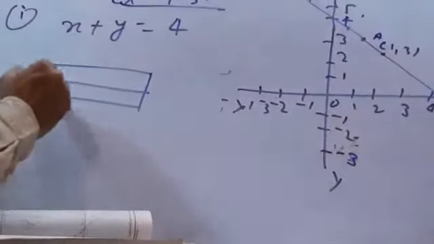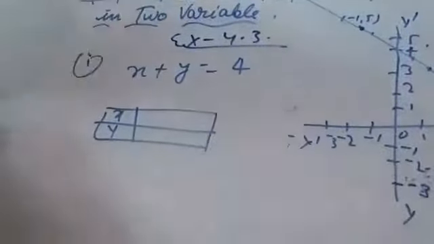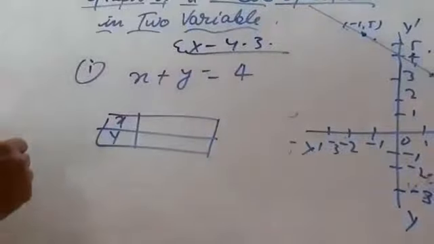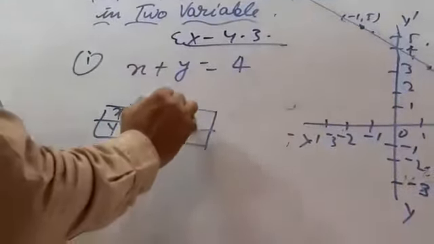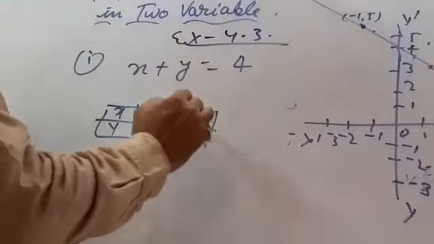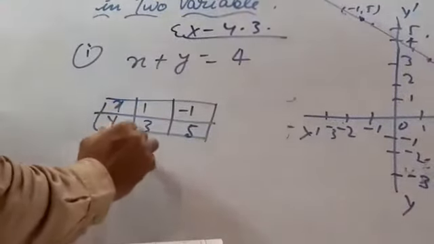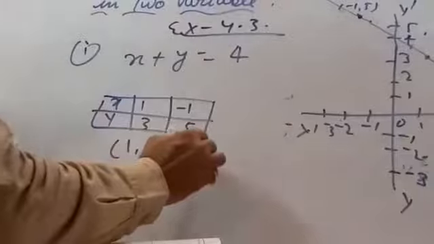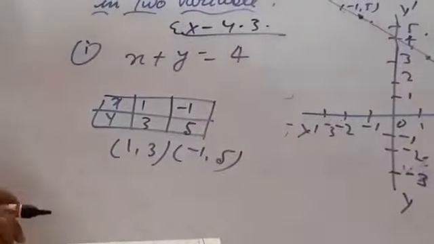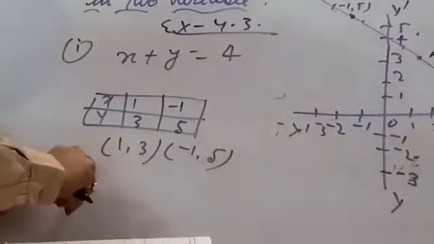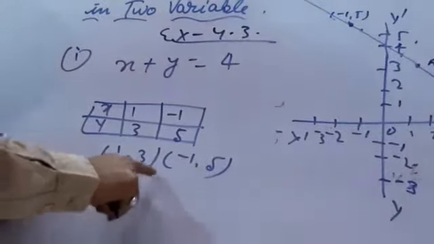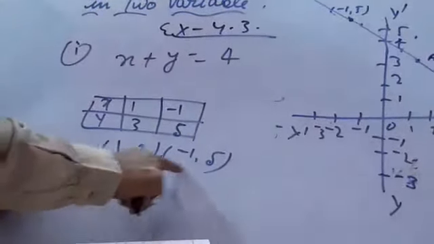Here you write x, here you write y, and as was taken at the very first, x is 1, y is 3. Another is taken as x = -1 and y = 5. And write down the solutions (1, 3) and (-1, 5). Dear children, don't forget how to express the solution of the equation. It is always expressed in small brackets separated by a comma: (1, 3), (-1, 5).